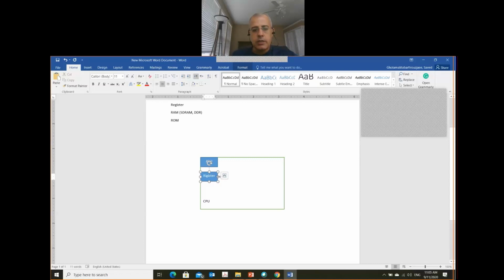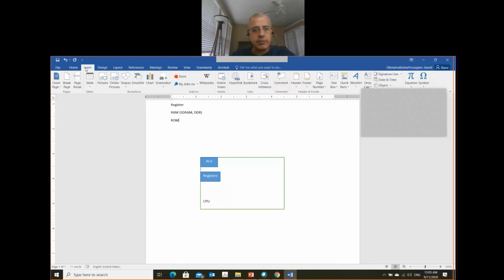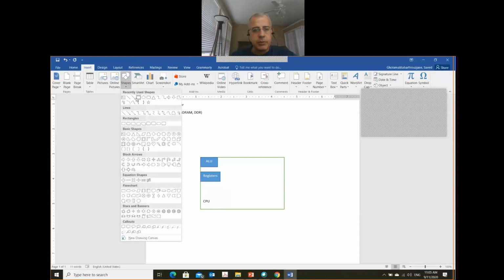Registers are temporary storage that the ALU inside a CPU uses while processing information, instructions, or when doing logical comparison.